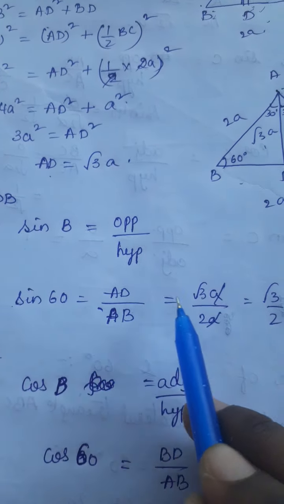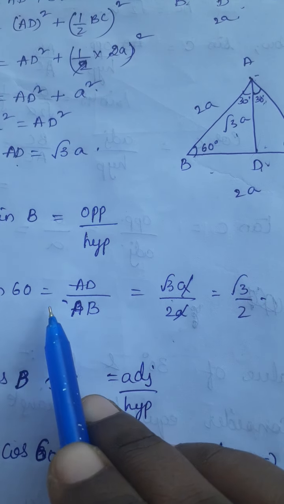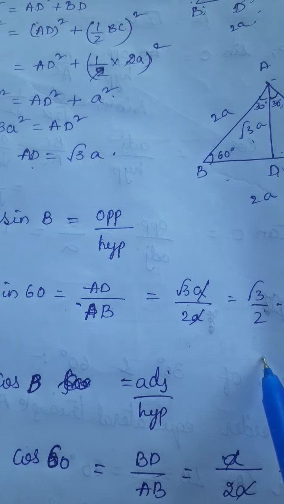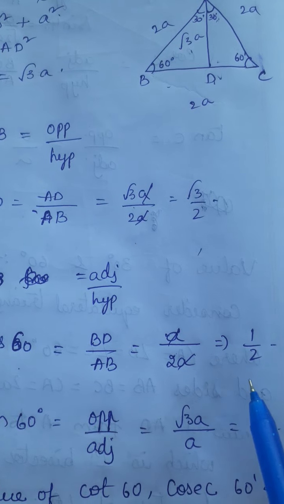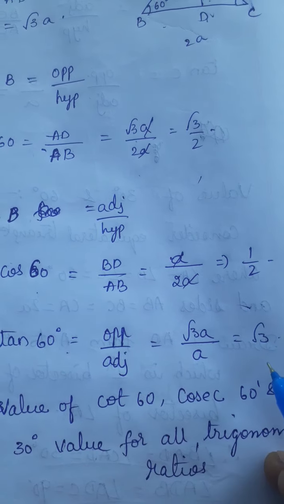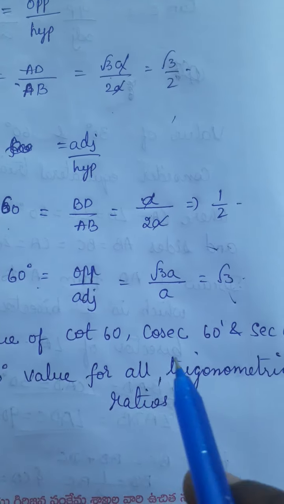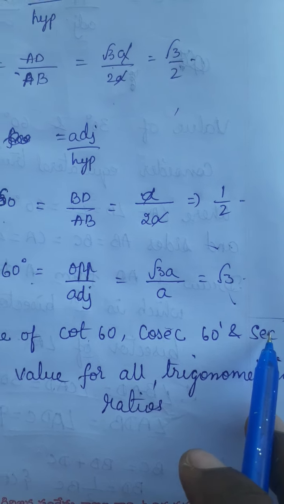You know AD is root 3 A and AB is 2A. So sine 60 is root 3 by 2. Similarly, cos B you will find for the same triangle, you will get 1 by 2. Similarly, tan 60 for the same triangle, you will get root 3. And I want you to find the values of cot 60, cosecant 60 and secant 60.